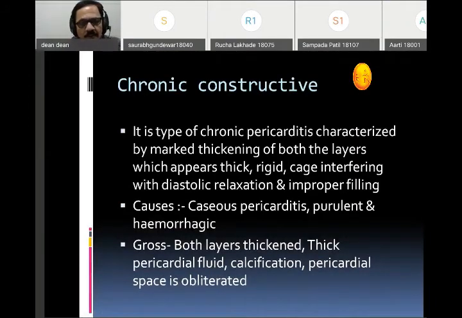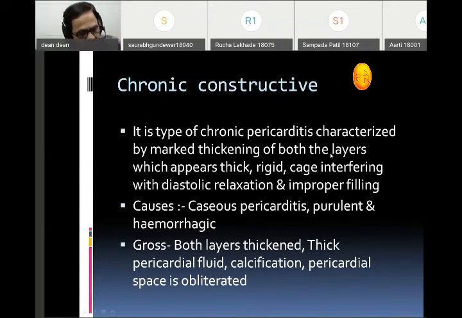So there are two types of chronic pericarditis as far as chronicity is concerned. One is called chronic adhesive, and the second is called chronic constrictive pericarditis. What is this? It is a type of chronic pericarditis characterized by marked thickening of both layers.